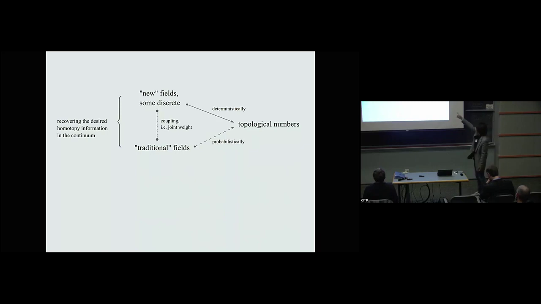And the discrete new degrees of freedom will determine the topological numbers, and because they have joint coupling with the traditional fields, the traditional field only probabilistically determines the topological numbers. And in the known examples, including the Villain model that we said just now, these new and traditional degrees of freedom actually form principal bundles.